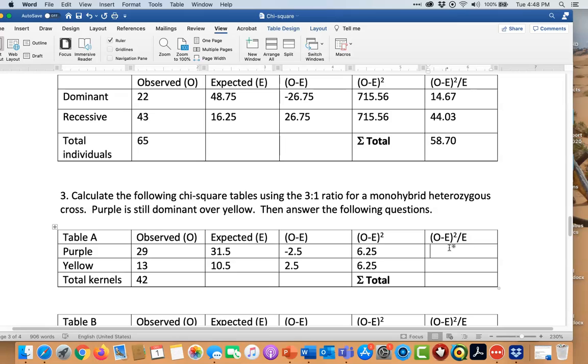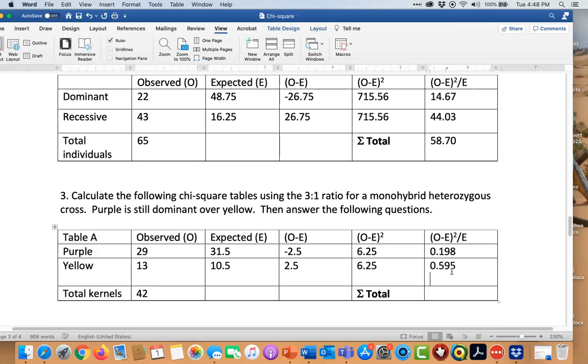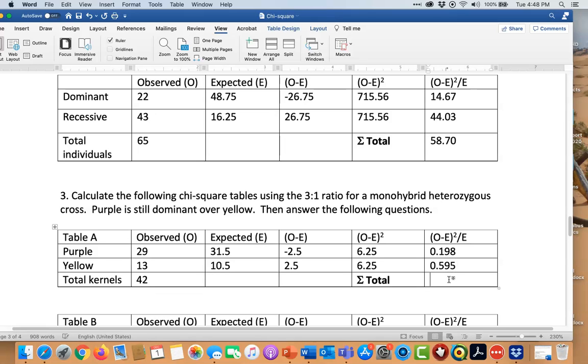So 6.25 divided by 31.5 gets us 0.198. And then the other one, 6.25 divided by 10.5 gets us 0.595. Add those together. Gets us 0.793.